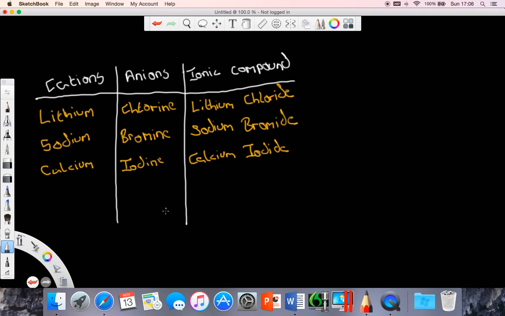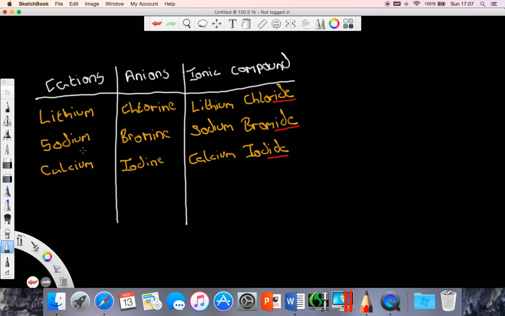Now, if you look closely at this, there are two rules we can always follow. The first is that in a compound, if there is a single cation and a single anion, the name ends in "-ide". They all have the suffix "-ide".